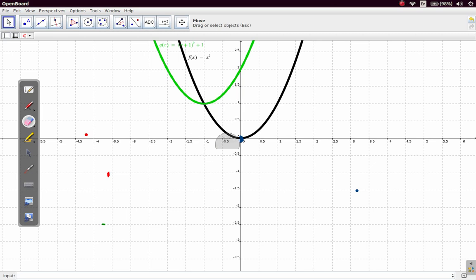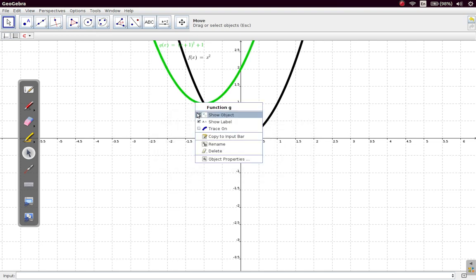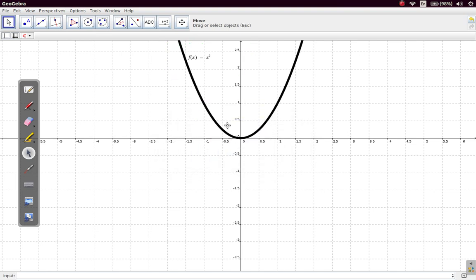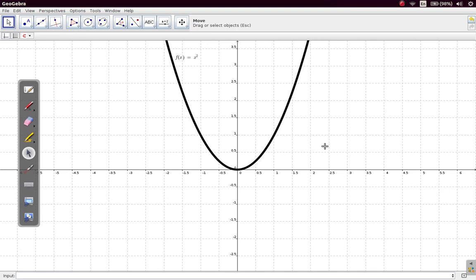Don't want the graph paper to be too crowded. Now let's get rid of this green graph so that we still have our black graph, y equals x squared. That's a basic quadratic graph, you know.